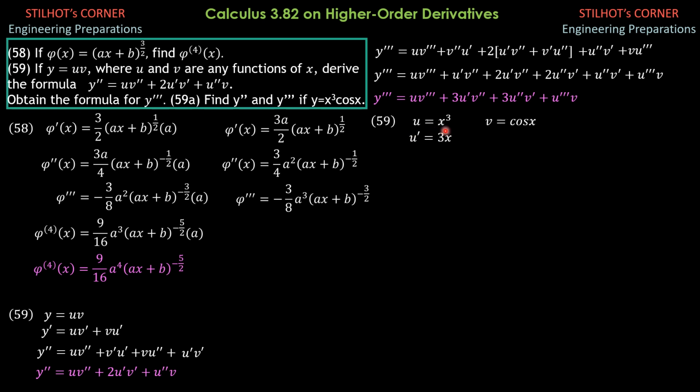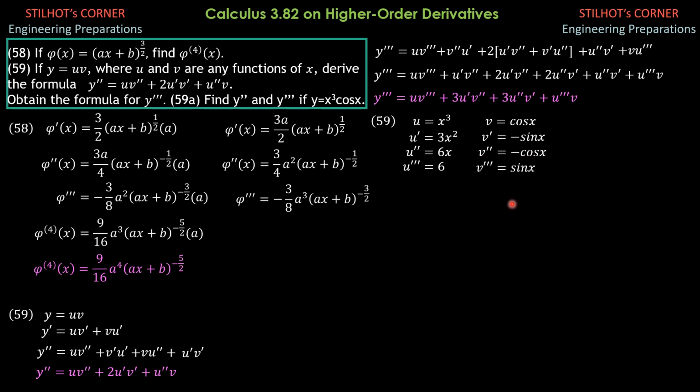So u prime is 3x squared, while v prime is negative sine x, derivative of cosine x is negative sine x. u double prime is 6x, and v double prime is negative cosine x, derivative of negative sine x is negative cosine x. Then u triple prime for this part is 6, while v triple prime is negative of negative sine x, or positive sine x.